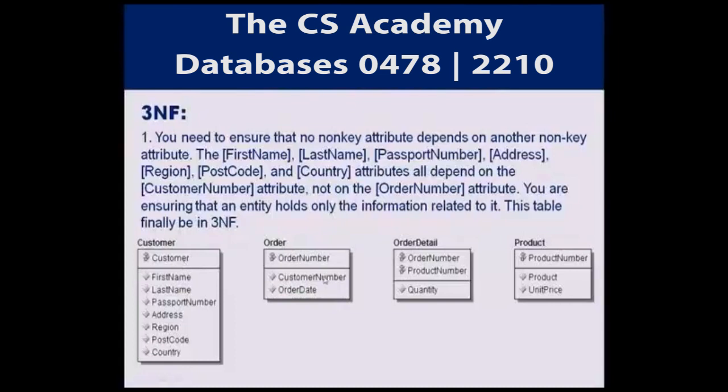So you can see that in the third form you have finally solved the problem, not on the order number. Now I'm reading this again. You need to ensure that no non-key attribute depends on another non-key attribute. The first name, last name, passport number, address, region, postcode, and country attributes all depend on the customer number, right?